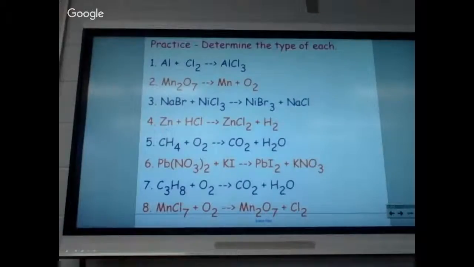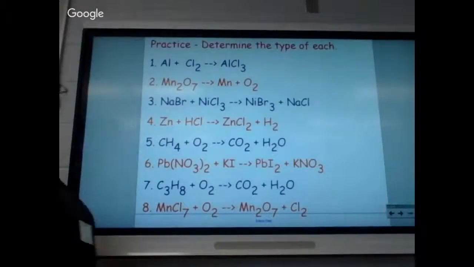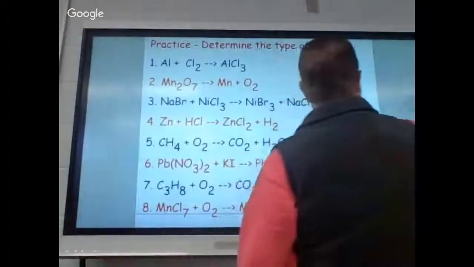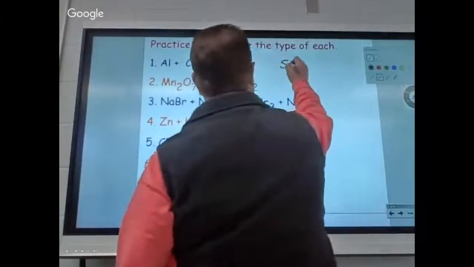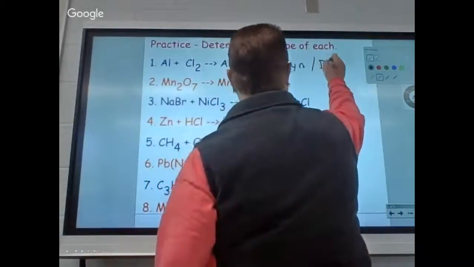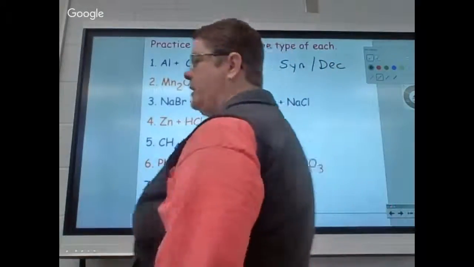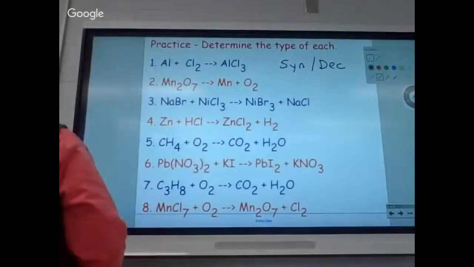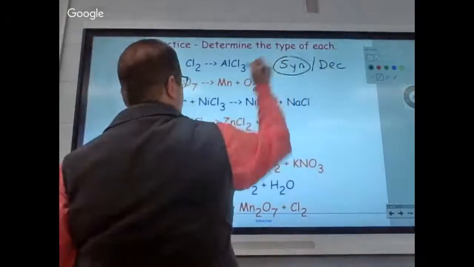For those of us who are stuck and going, this is hard. In the first equation, how many plus signs do you see? So it's automatic. If you only see one plus sign, what are the only options? Synthesis or decomposition. So are we forming something or are we breaking apart? Forming. So that means we're synthesis.